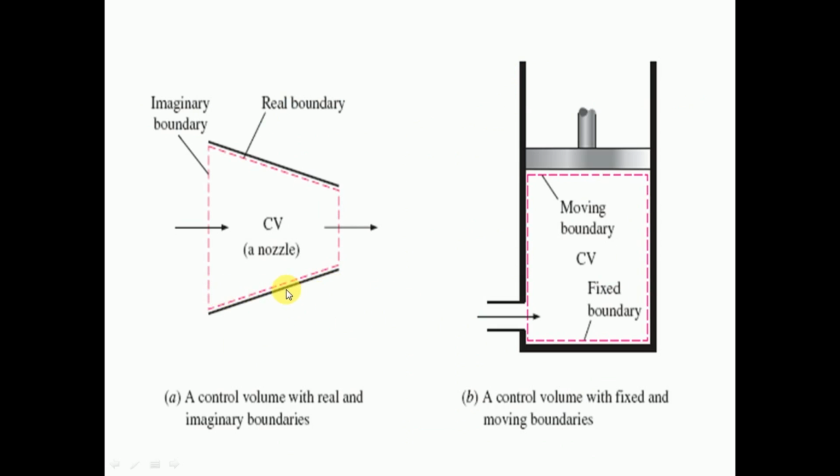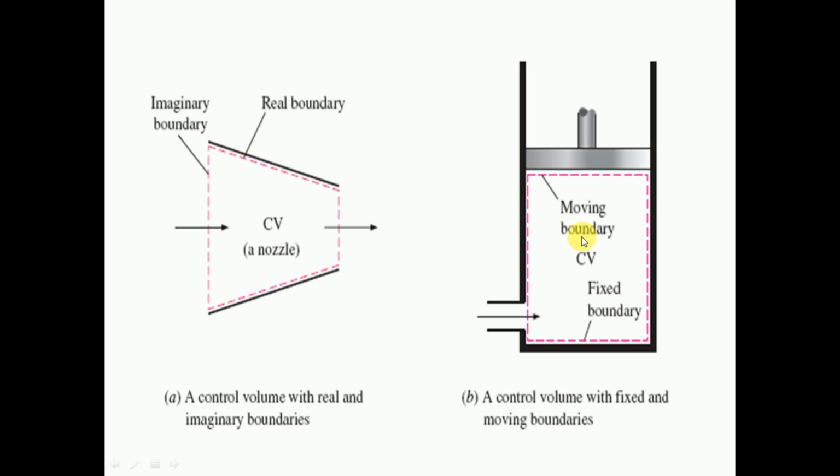Here is the control volume with real and imaginary boundaries. The boundary along the surfaces of the system is called the real boundary. Where some fluid is flowing, but we are restricting some volume for the study, the restriction line we consider is the imaginary boundary.